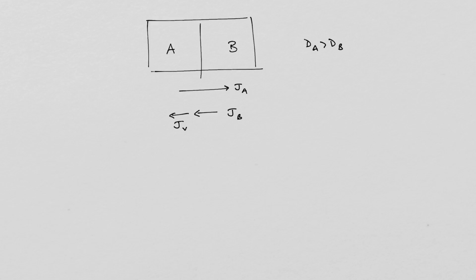At some point, on the left-hand side there will be so many vacancies that it's very likely for atoms to diffuse, and on the right-hand side it becomes much less likely because there will be fewer vacancies.